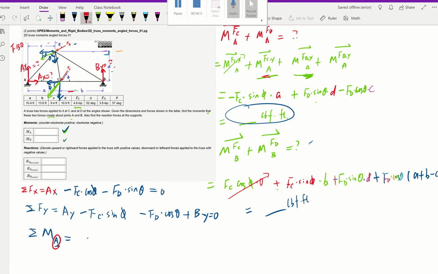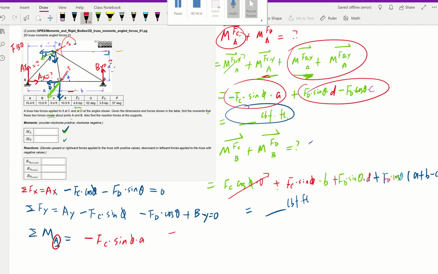So the next one would be FC rotating about A, which is right here. You already have it, you can write it down. So I'm just saying FC sine psi times A. Then the next force is going to be your FD rotating about A. It's all those two together, which is right here.